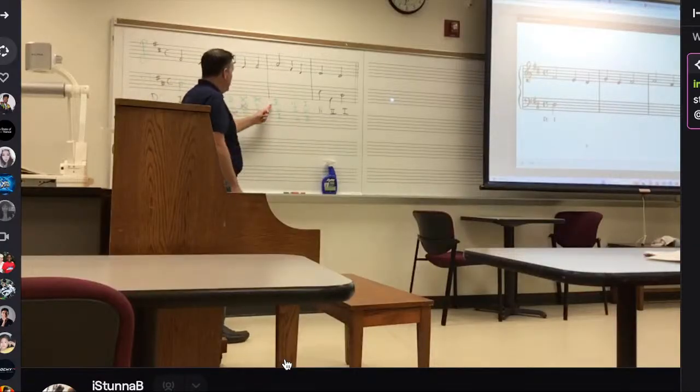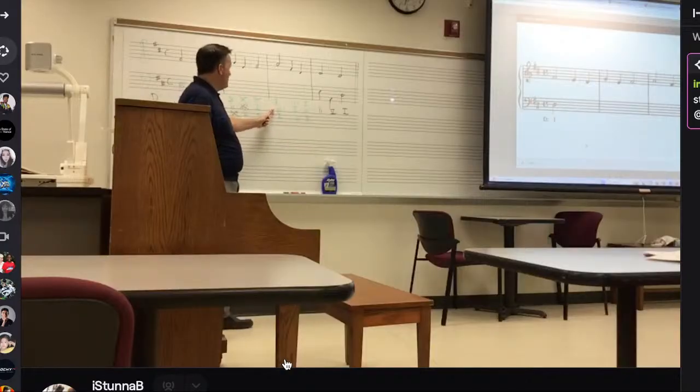So 1 can go anywhere, 6 can go anywhere because it's preceded by a 5 chord. If we go to a 3, it could be an option. Well, let's start with 5, I guess. If we go to 5, 5 couldn't go to 3, 5 could go to 1, 5 could go to 6, again, another deceptive progression.